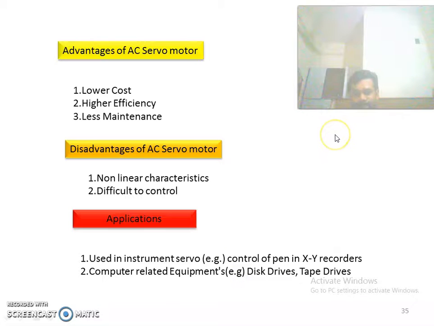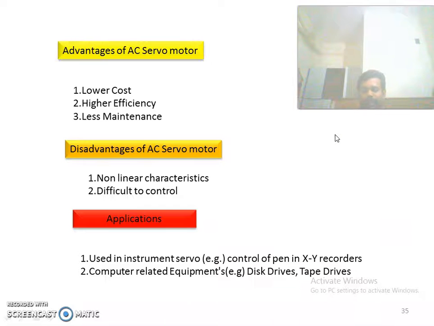Now we are going to see the advantages of the AC servo motor. The cost of the AC servo motor is low. It is having high efficiency, and the maintenance of the AC servo motor is also less. Disadvantages of the AC servo motor: it is having non-linear characteristics, and control of the AC servo motor is difficult.